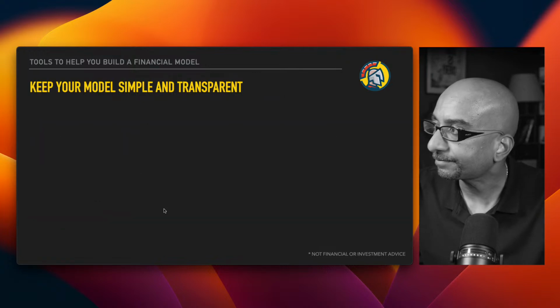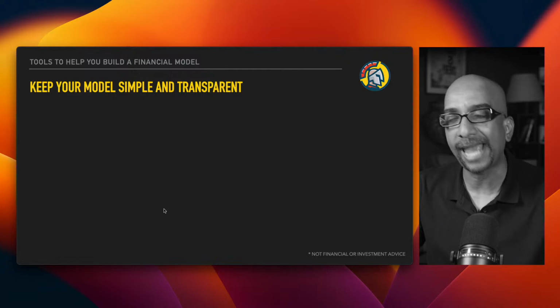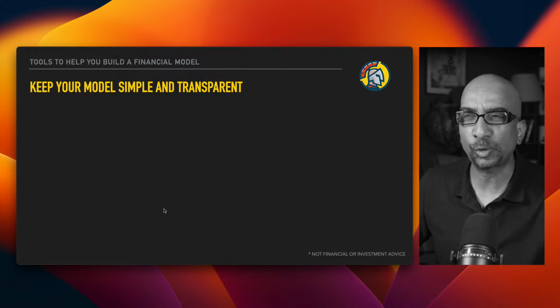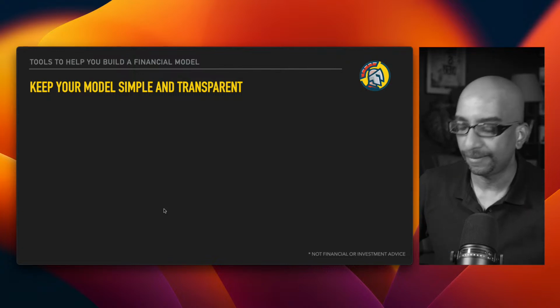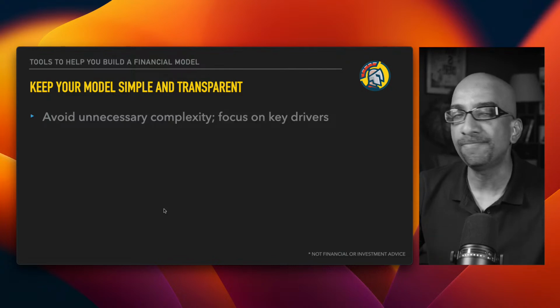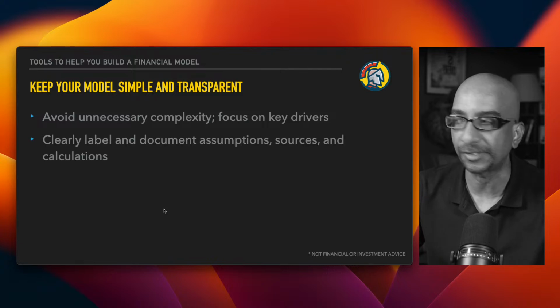So, yeah. Keep your model simple and transparent. Having said all that, you might start thinking, oh my God, do I need to have this super complex model because I'm talking about stress testing and sensitivity analysis? No, keep it simple, KISS, right? Avoid unnecessary complexity. Focus on key drivers.